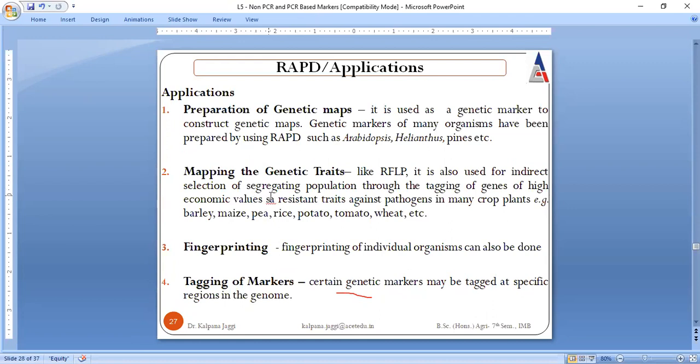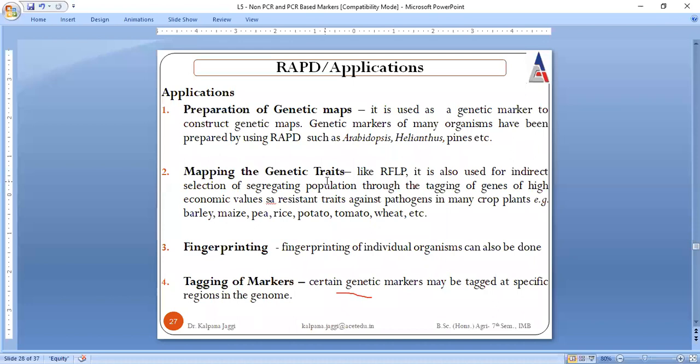These are the applications. You can go for the preparation of genetic maps, and genetic maps with the help of RAPD have already been developed in Arabidopsis, Helianthus and pines. You can map the genetic traits.